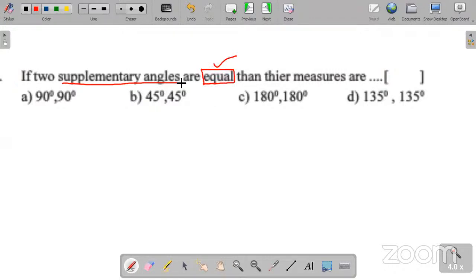If the two supplementary angles are equal, then their measures are. Supplementary angles means the sum of the angles must be 180, and the two angles must be the same in measure. They must be equal. What is your answer? Very good. Yes, Nana, absolutely. 90 plus 90 is equal to 180, and also they are equal. So A is the right answer.